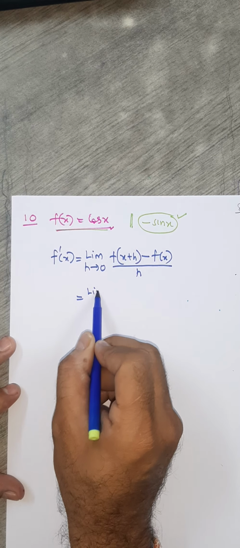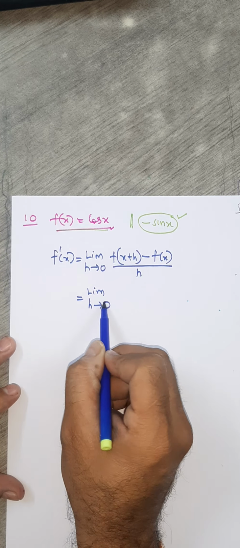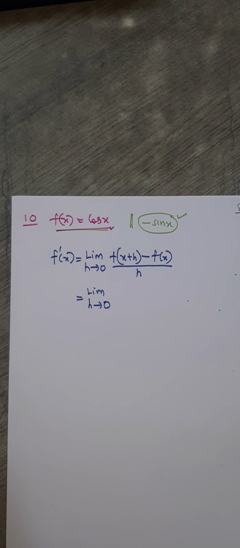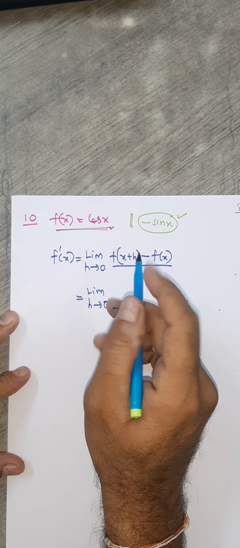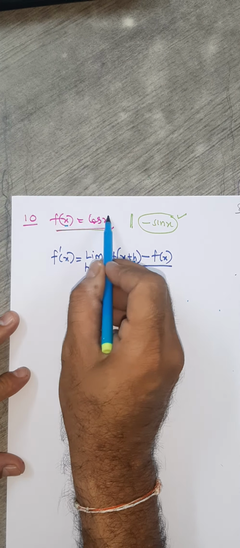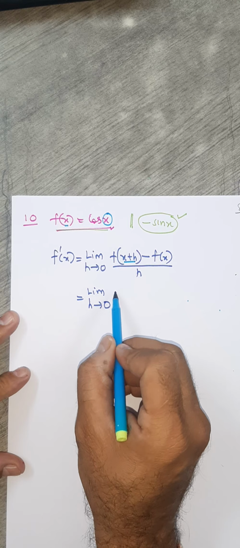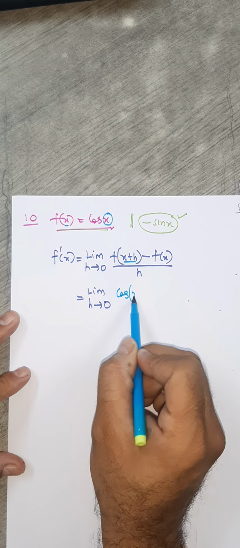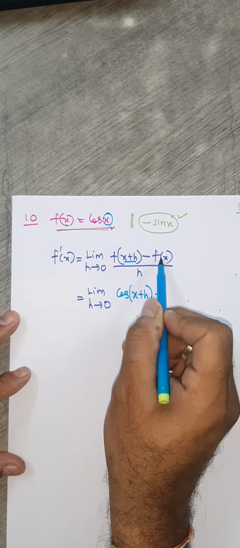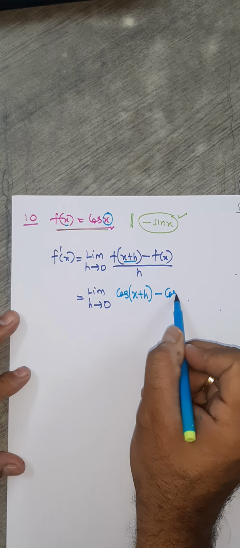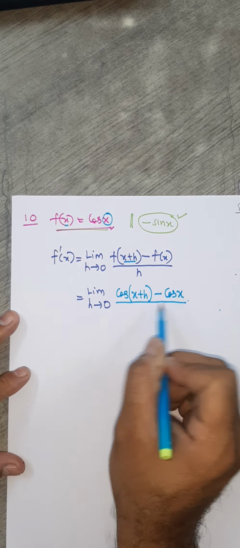This is equals to limit h tends to 0. What is the meaning of f of x plus h? In the function, instead of x you put x plus h, so cos x plus h minus f x means cos x upon h.